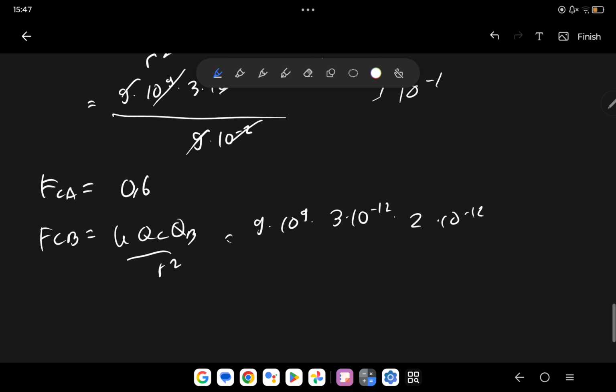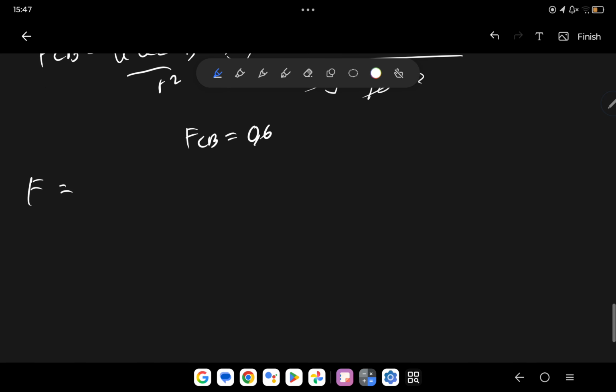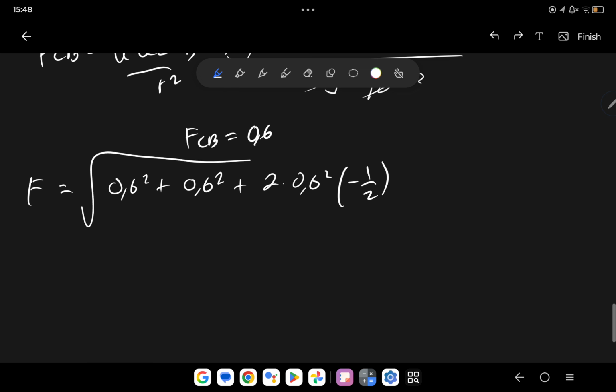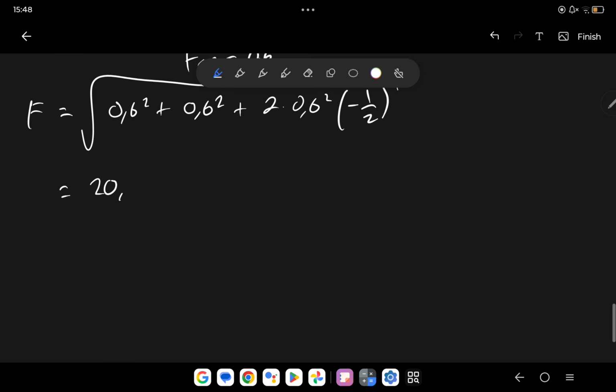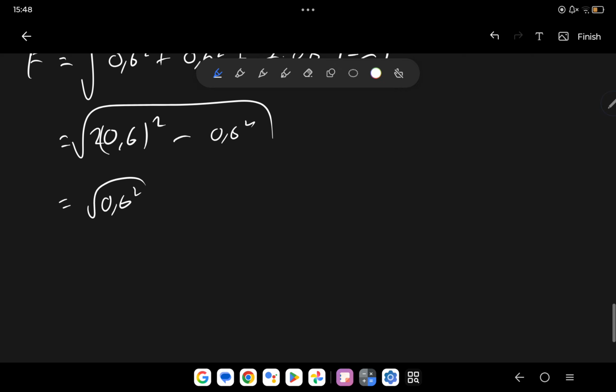Oh, it's not 12, it's 6. Boom, boom, boom. Cosine 120, 180. Boom, boom, boom.